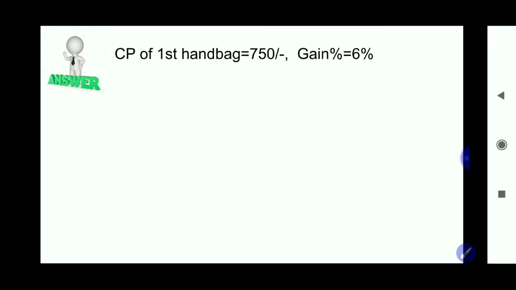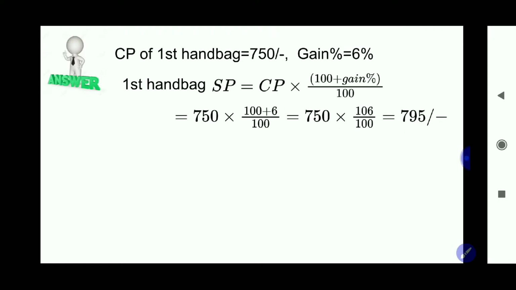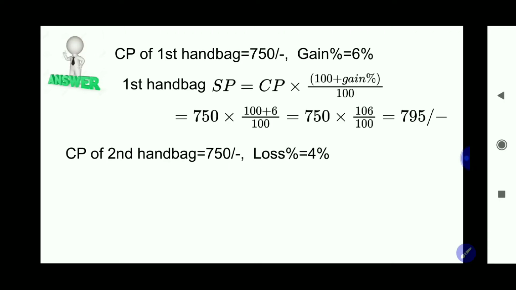CP of the first handbag is 750 and gain percentage is 6%. So, SP of first handbag is CP into 100 plus gain percentage by 100. That is 750 into 100 plus 6 by 100. Its answer is 795. And CP of second handbag is 750.